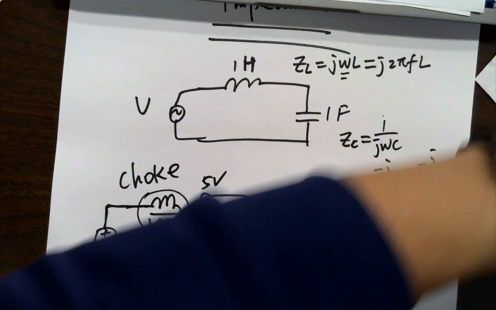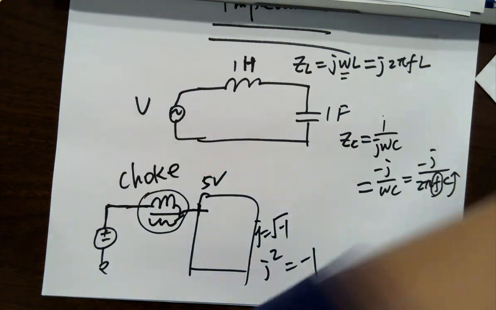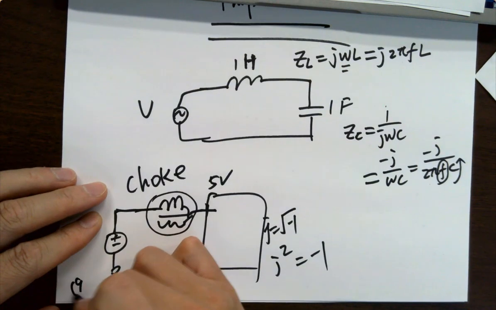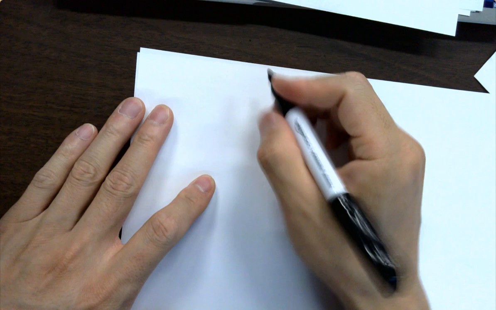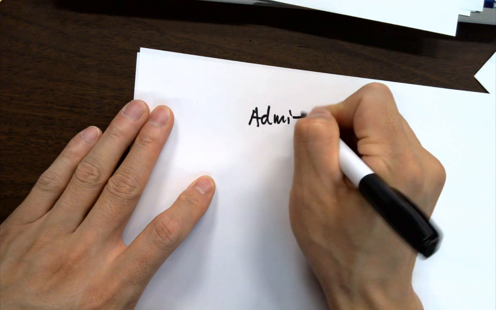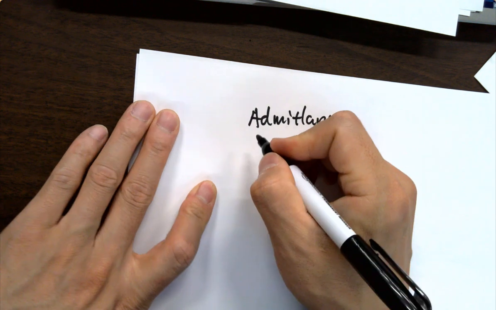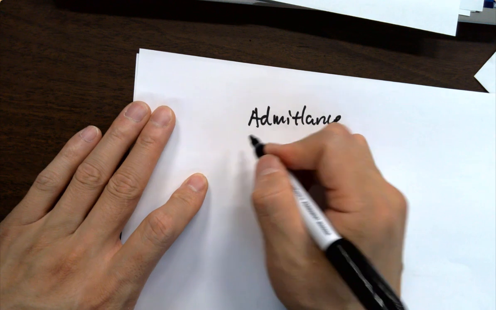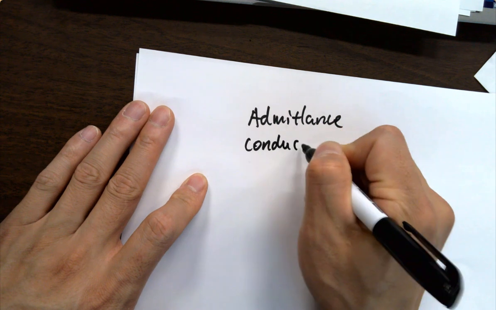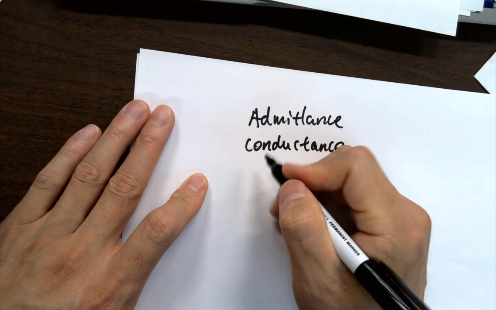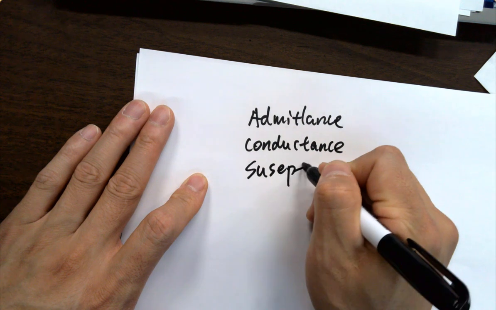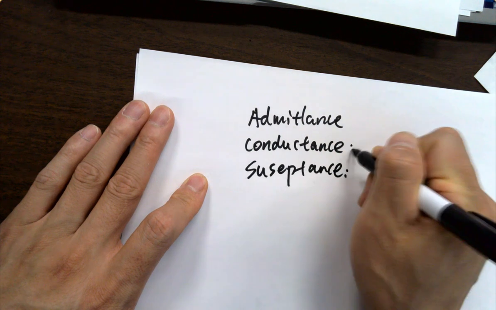There are some concepts over here. You can also Google them, since I Googled them. I never used them in like 20 years. Admittance, conductance, susceptance. What are they?